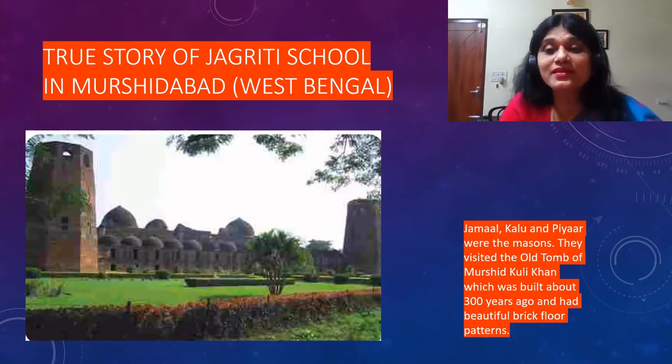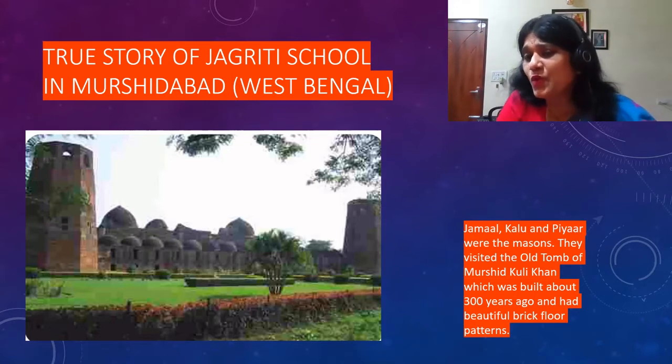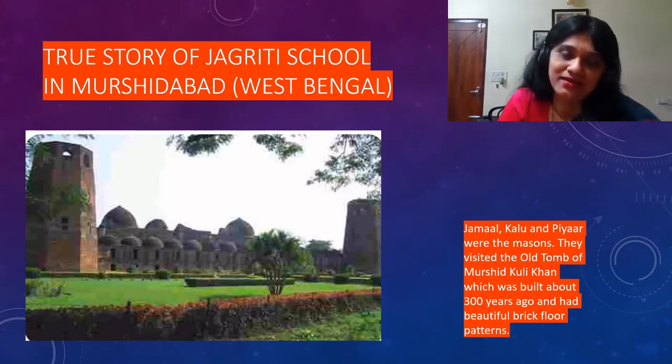They wanted to do something new in the school building. They wanted to give some patterns with the brick. So to get ideas, they visited the old tomb of Murshid Quli Khan.